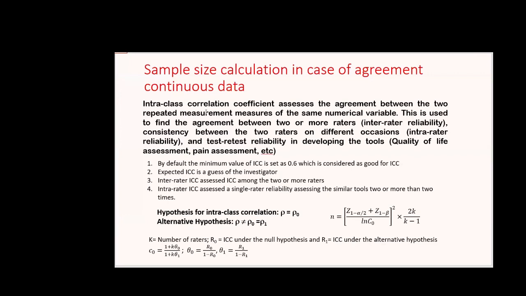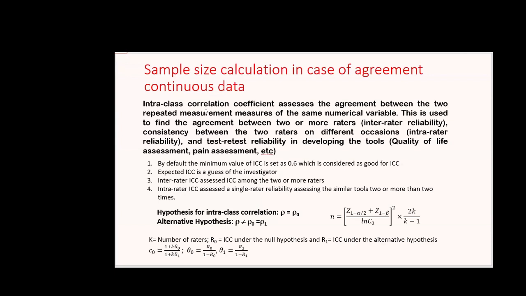But for intra-class correlation, you are measuring the height before and after, or you are taking the height by two instruments, manual or digital. In that case, we use intra-class correlation, where the outcome variable is the same.